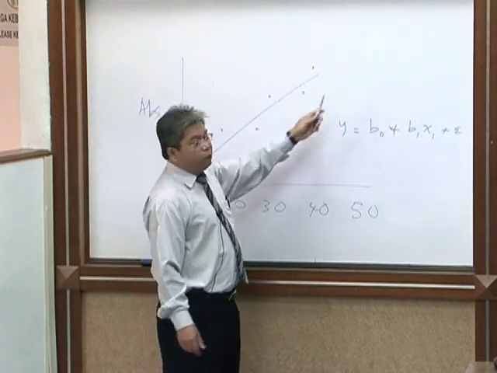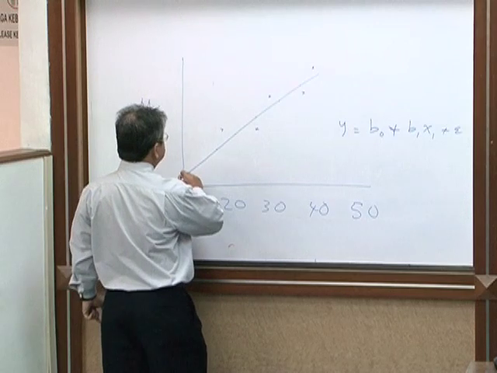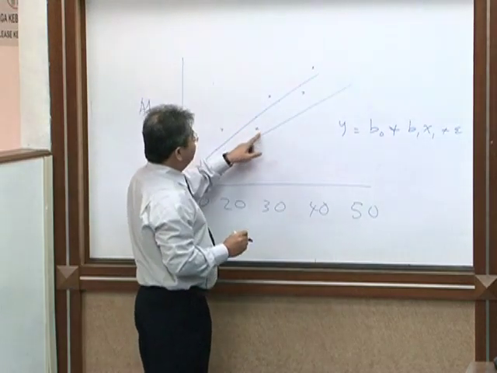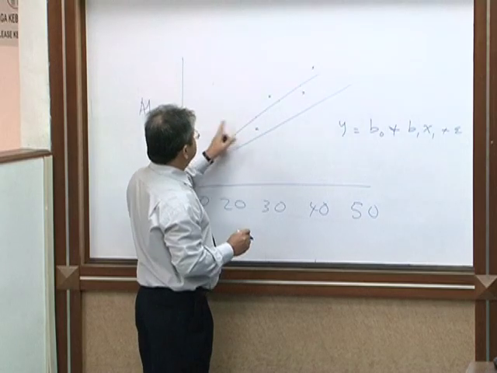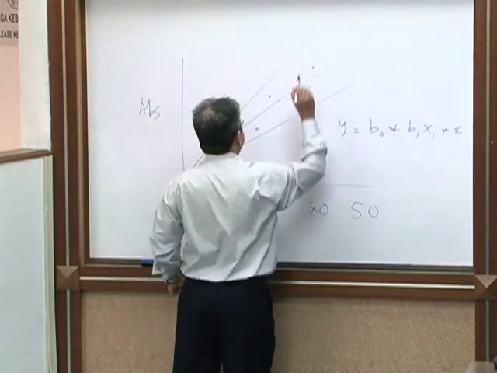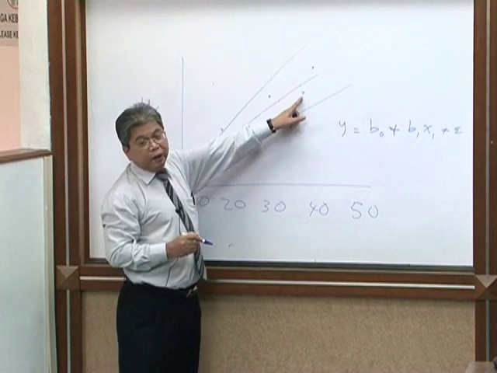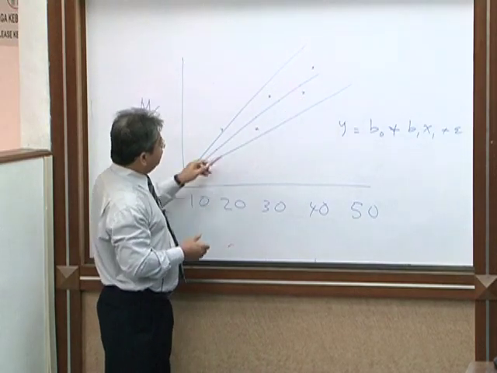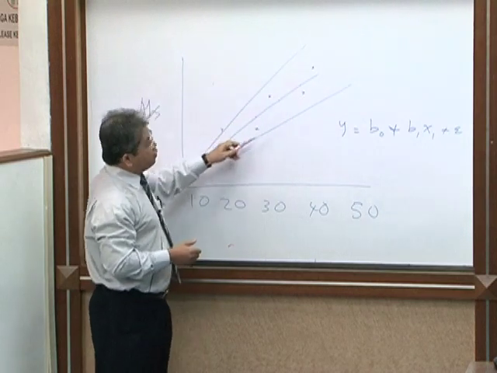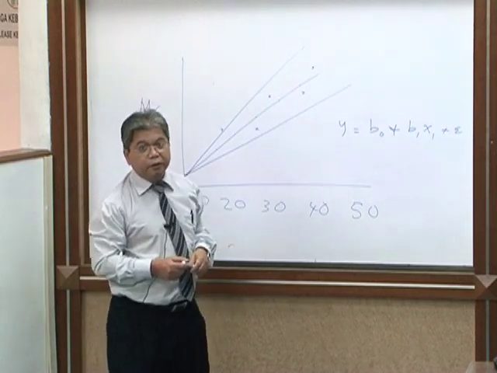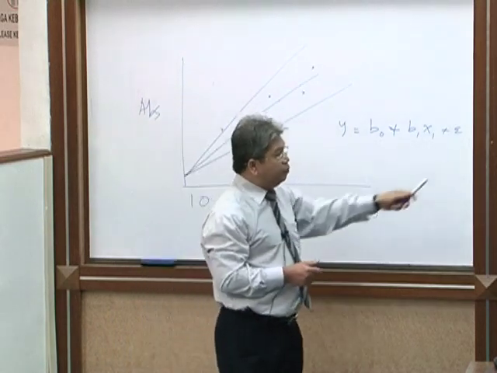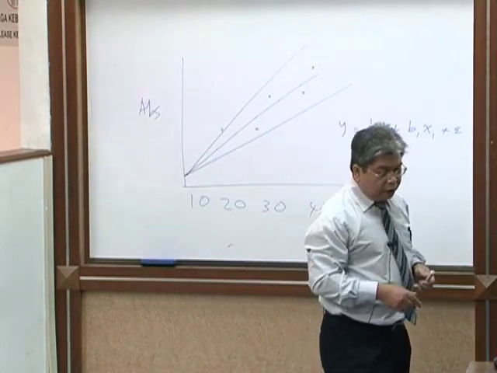We don't want to have a line like this, where it's very far from here, although it's very near this point, or like this, which is also wrong, because this one will be very far. So we try to get the best line that satisfies all the points. And this is called the least square method.